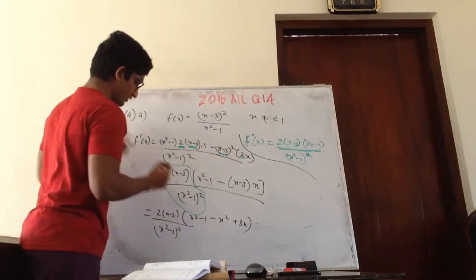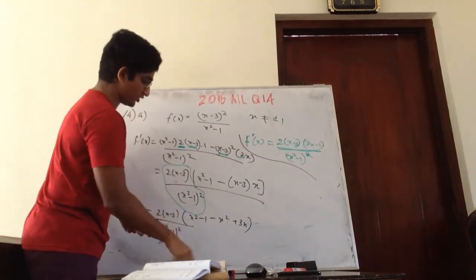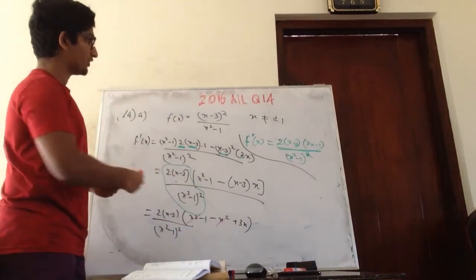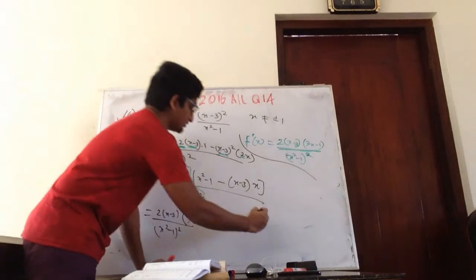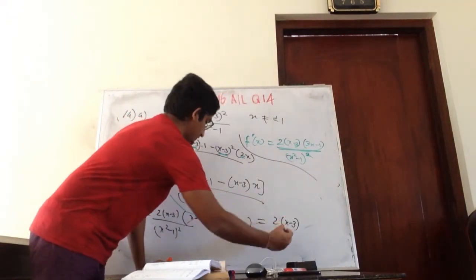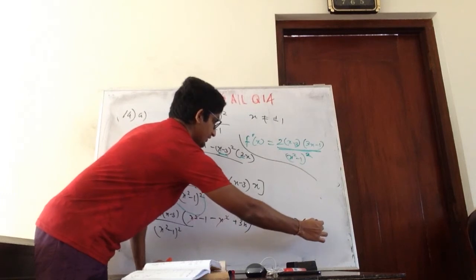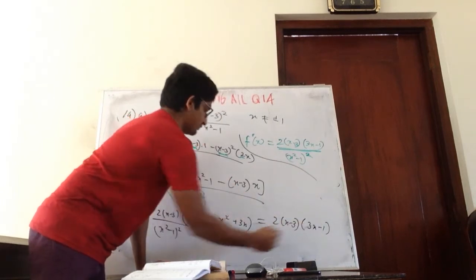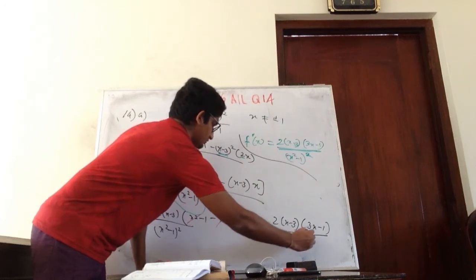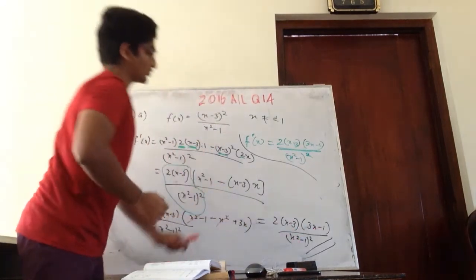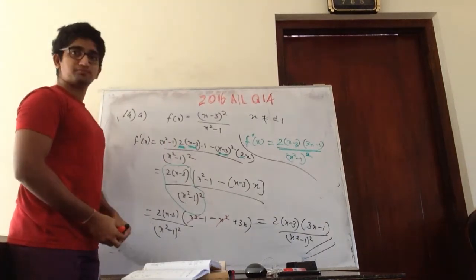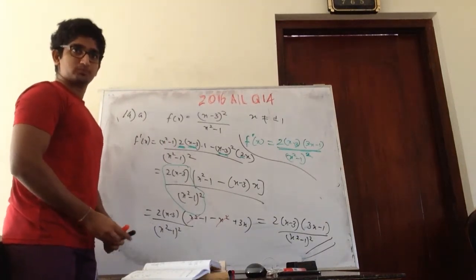So I can actually cut these off here. So I will get 3x minus 1. So I got the answer now. 2 times (x minus 3)(3x minus 1) over (x squared minus 1) squared. So this is the answer that they are asking us to show. Correct, no? So that's done.